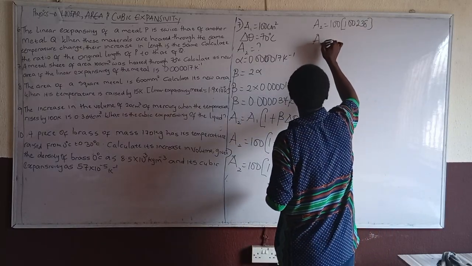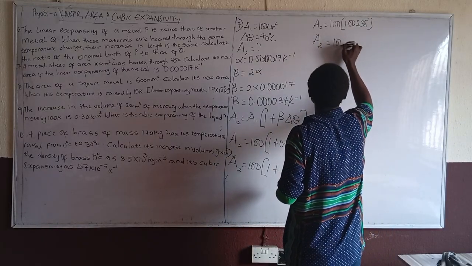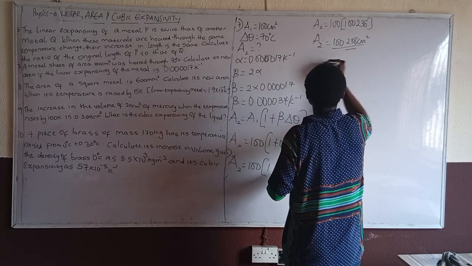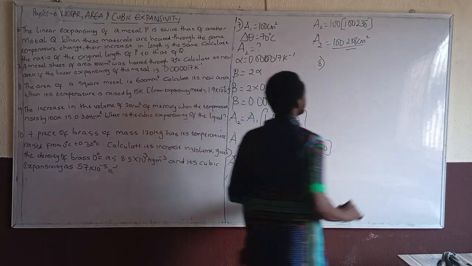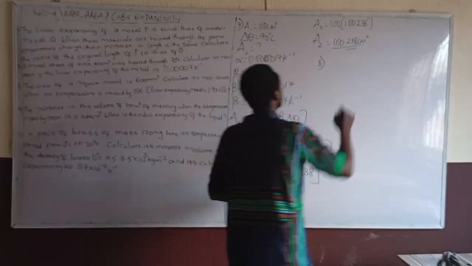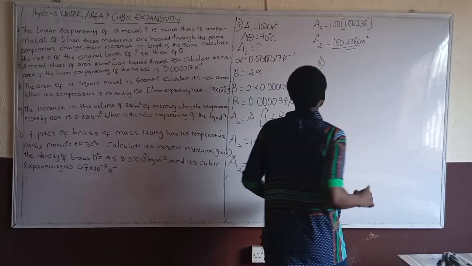So A2 multiplied by 100 is 100.238 centimeter square. For number 7, I multiply 1.00238 by 100, just move the point twice.